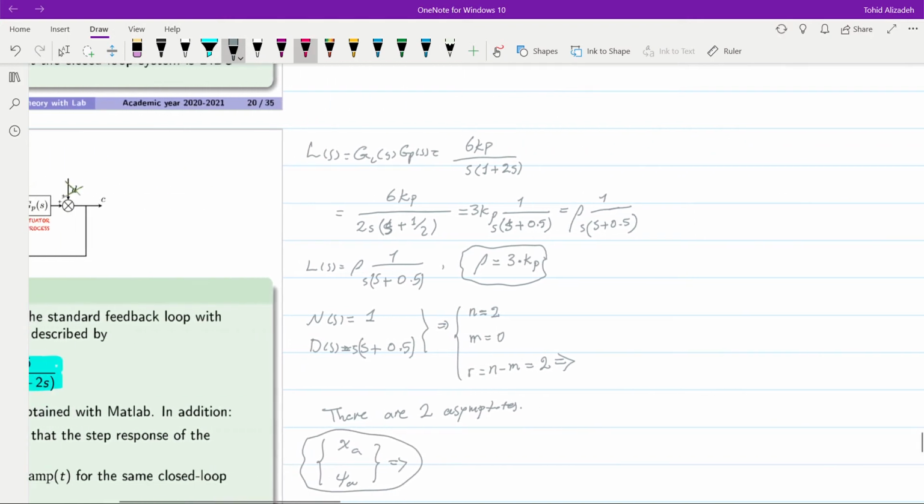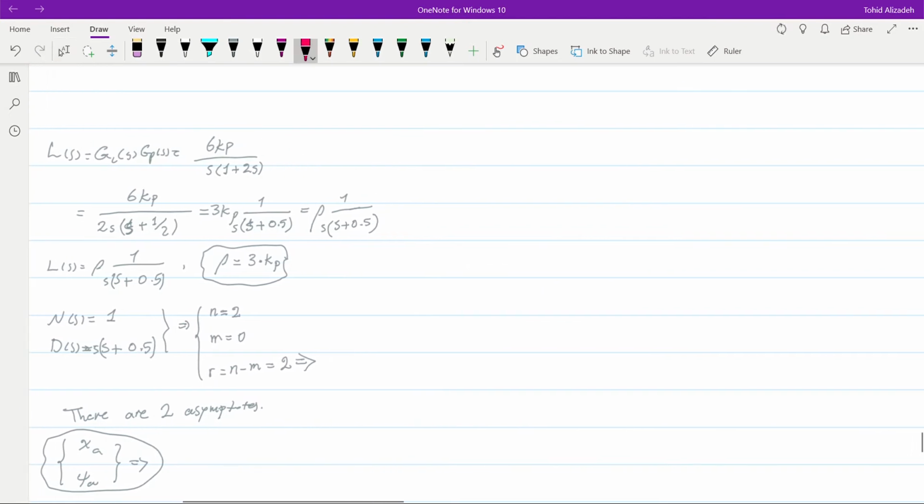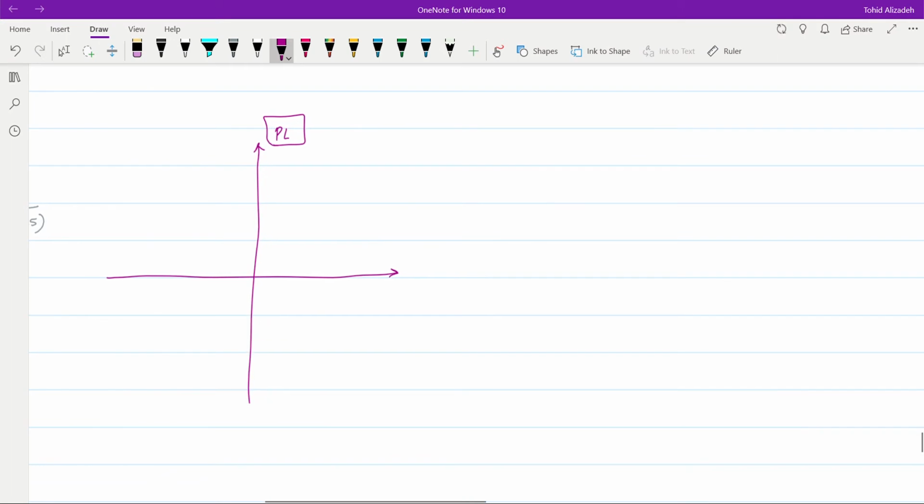Let's start by drawing an empty S-plane. One for positive locus and one for negative locus.